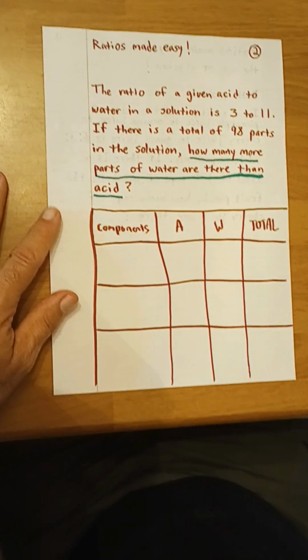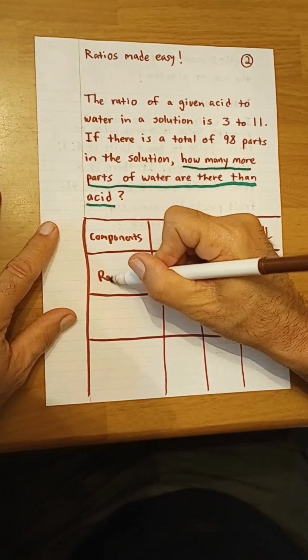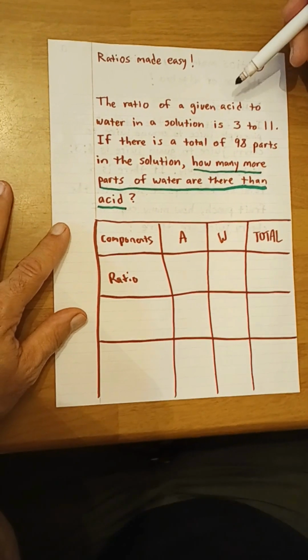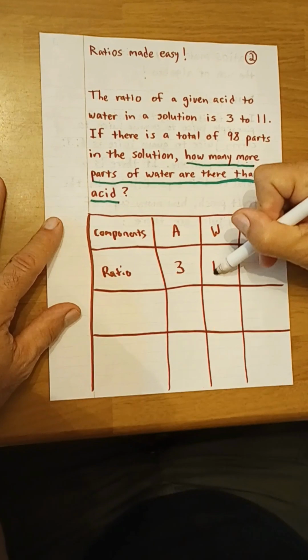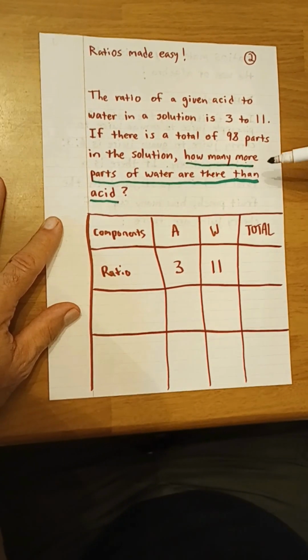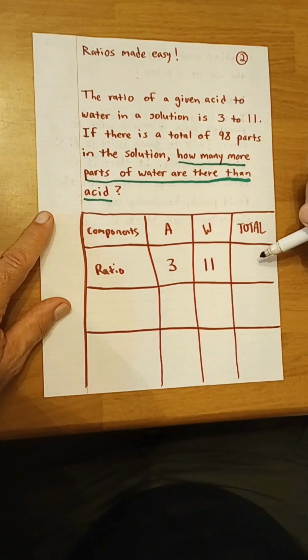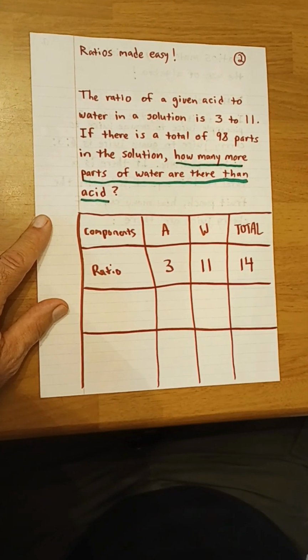Okay, underneath components, we have ratio. And according to our problem, the ratio of acid to water is 3 to 11. So we have 3 parts of acid to 11 parts of water. If we add going across, that's a total of 14.